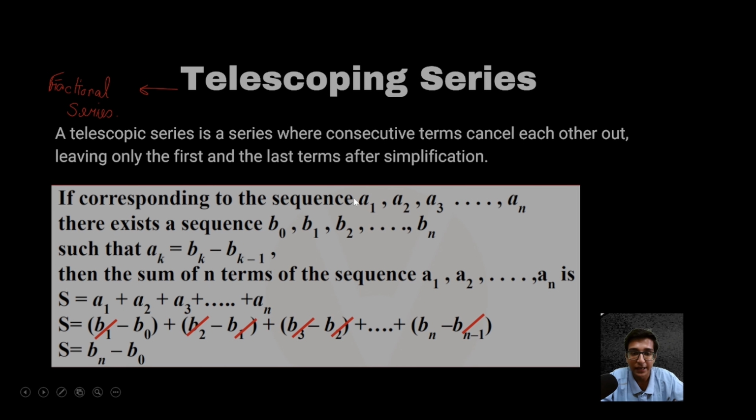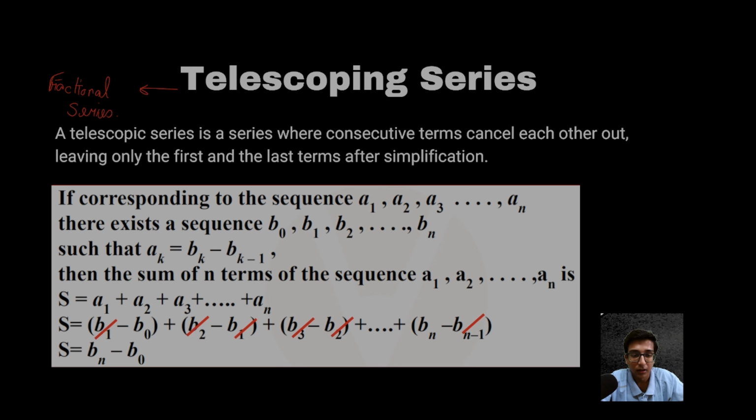For example, here it has been shown. Let us take A1, A2, A3 up till An a sequence, and there is a sequence B1, B2, B3 up till Bn, where A of any n is equal to Bn minus B(n minus 1). Then the sum of n terms of A1, A2, A3 would be, we can write A1 as B1 minus B0, plus B2 minus B1.